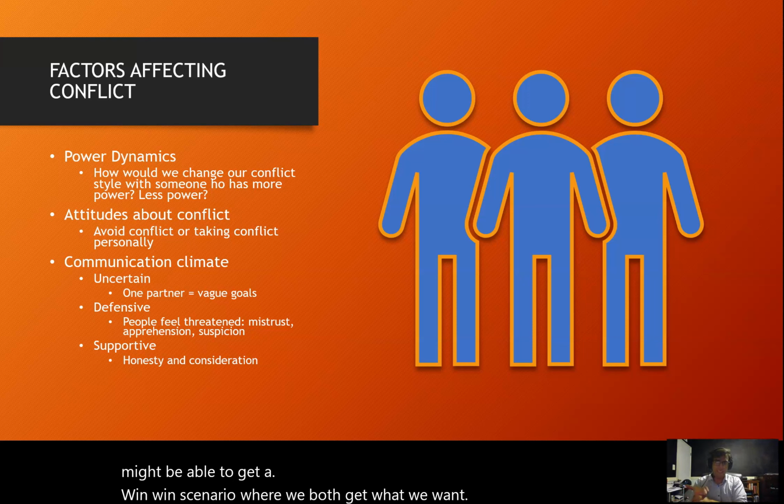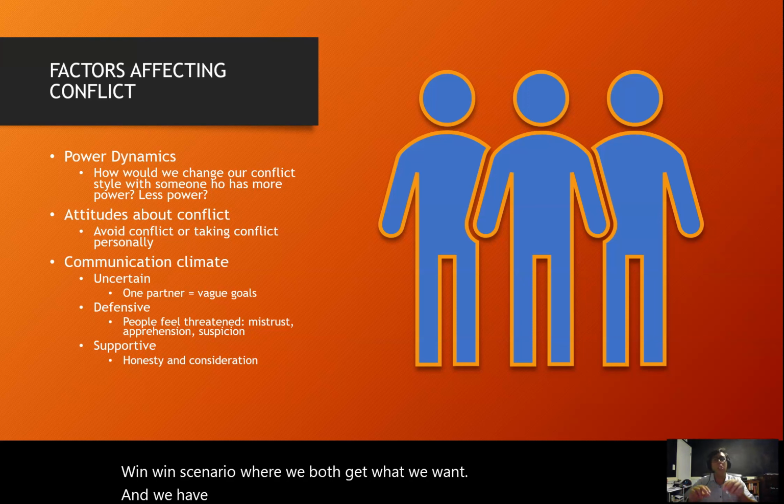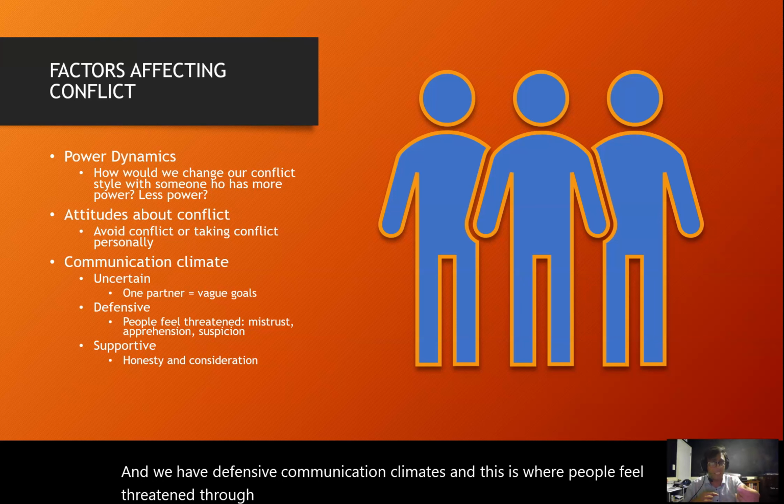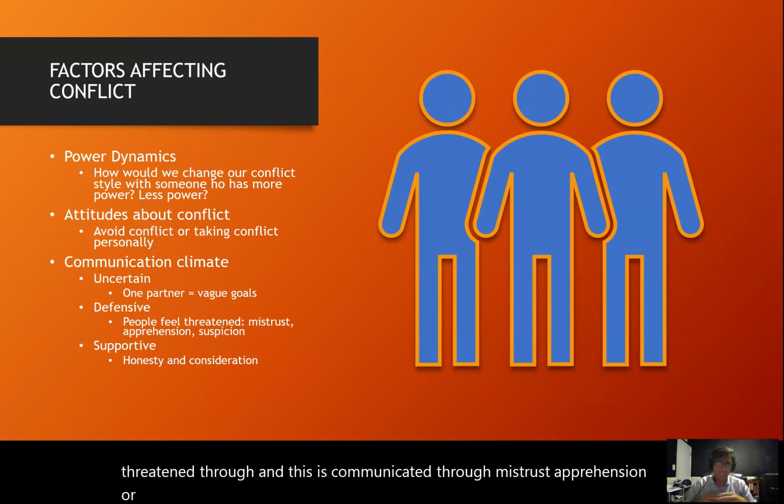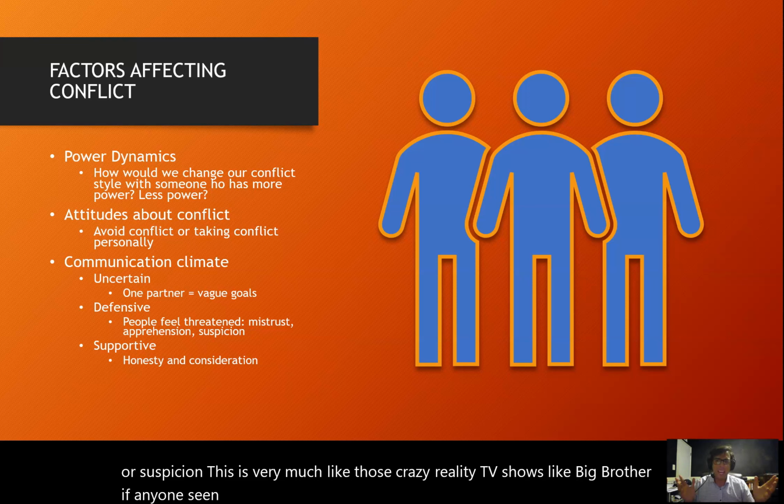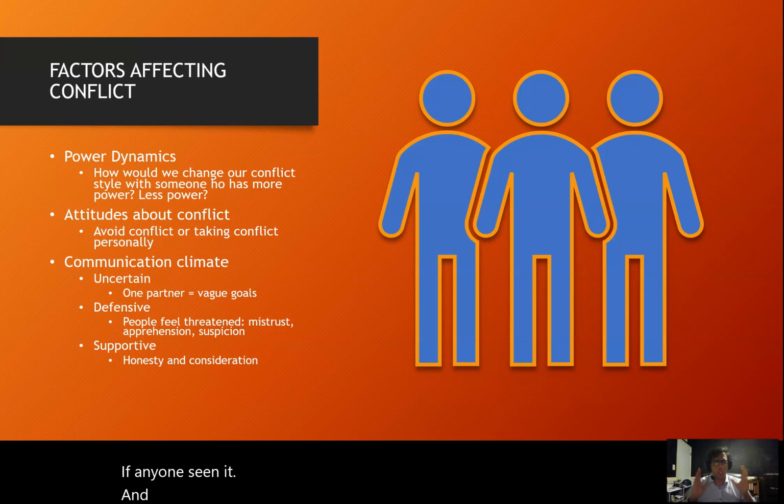And we have defensive communication climates. And this is where people feel threatened, and this is communicated through mistrust, apprehension, or suspicion. This is very much like those crazy reality TV shows like Big Brother, if anyone's seen it. And we should strive for a supportive communication climate with honesty and consideration.